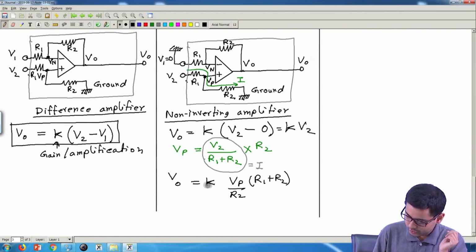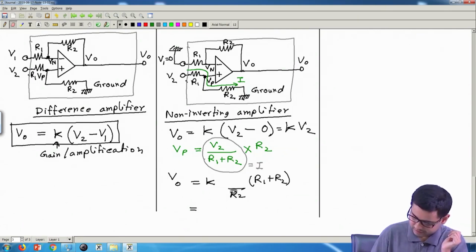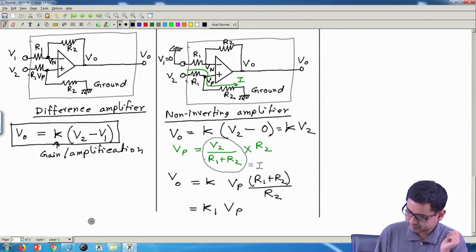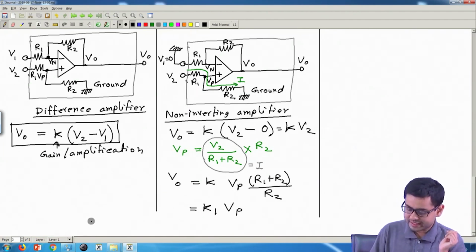So then you see that, let me write it this way. Let me write R2 here and Vp here. So you see that this and this both are constants multiplied by Vp. So therefore we can write this is equal to K1 times Vp, where K1 is this multiplied by this. So what is happening?